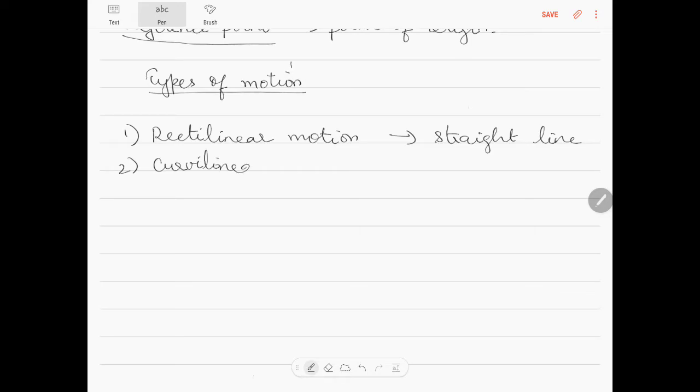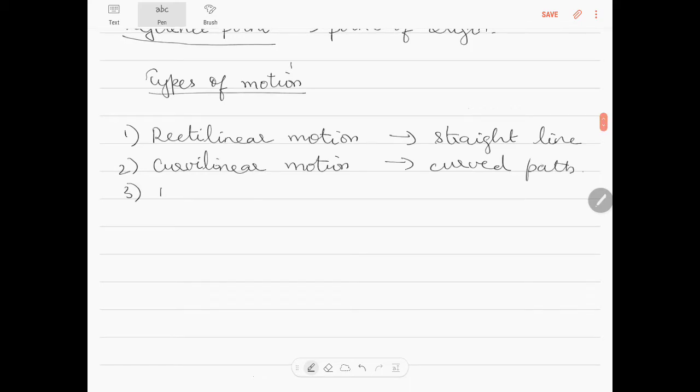Curvilinear motion means an object travels in a curved path. Rotatory motion means the object travels in a circular path.